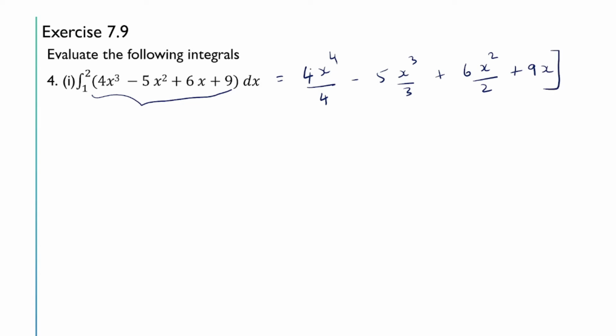Now applying the limits, the lower limit is 1 and the upper limit is 2.